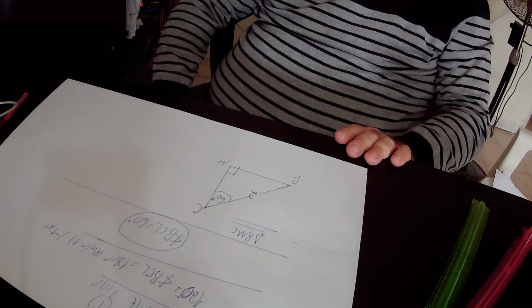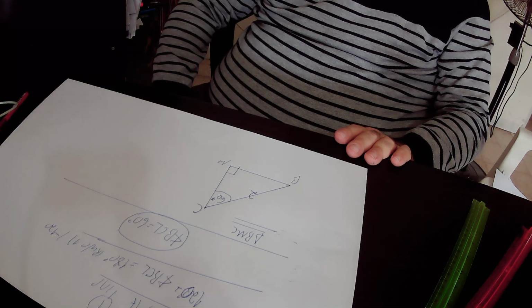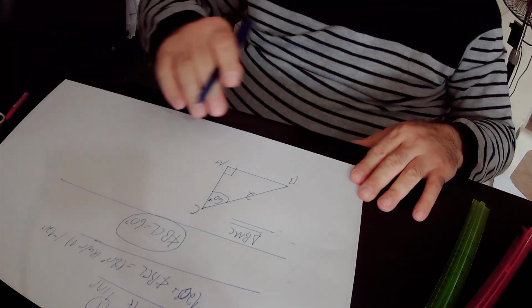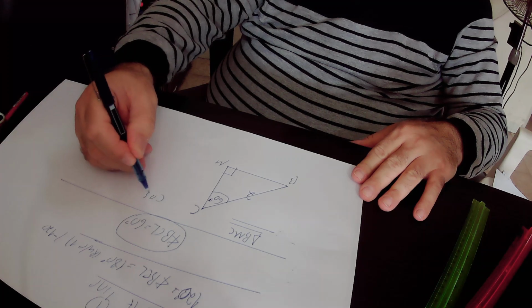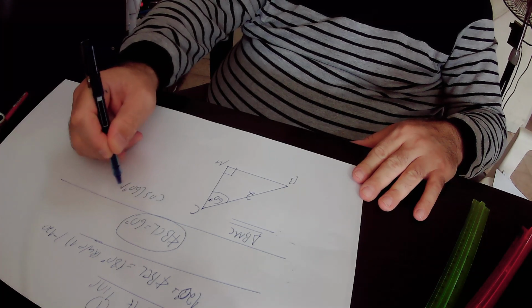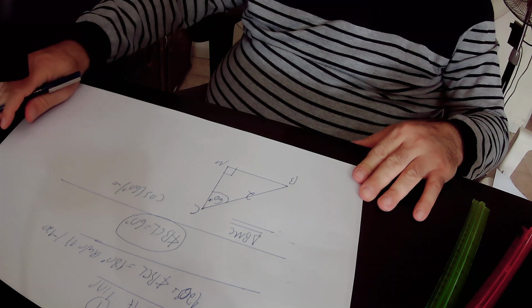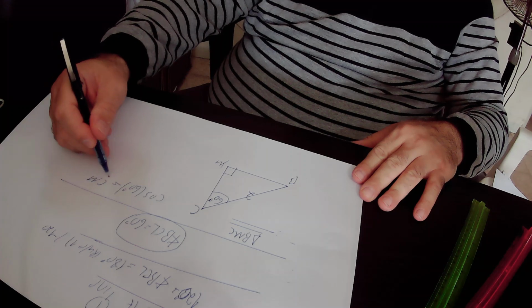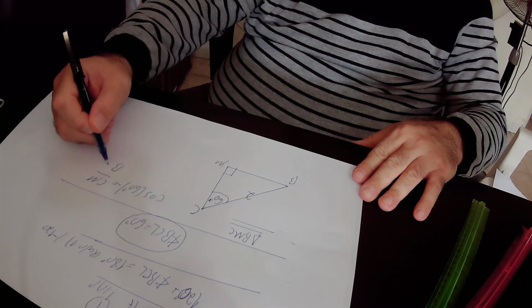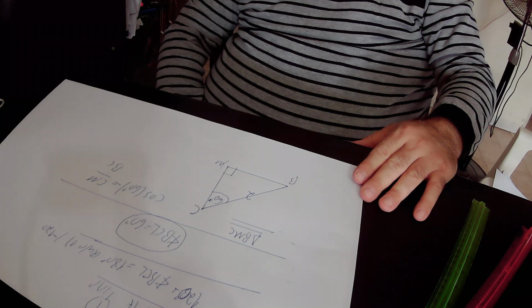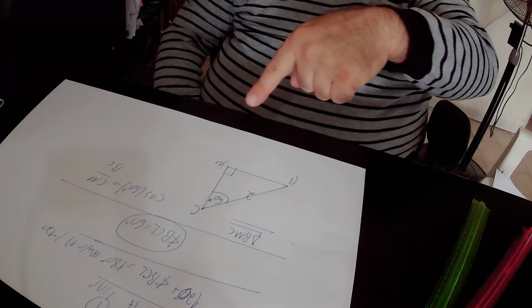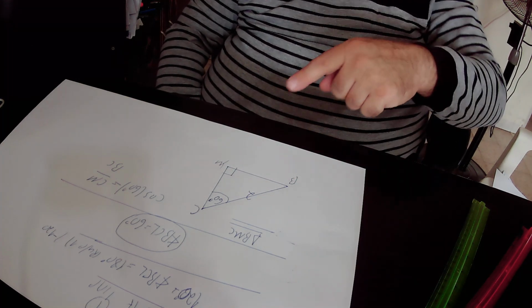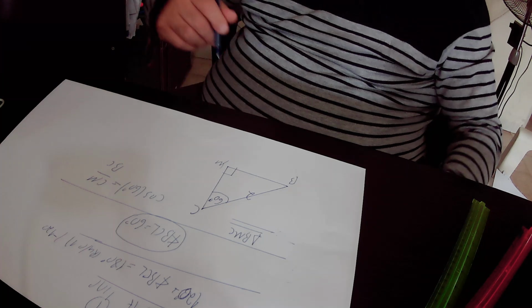So in this right triangle BCM, we know that cosine 60 degrees equals CM over BC, or CB. CM is the missing side, so we leave it as it is.